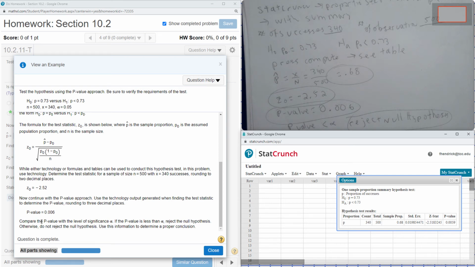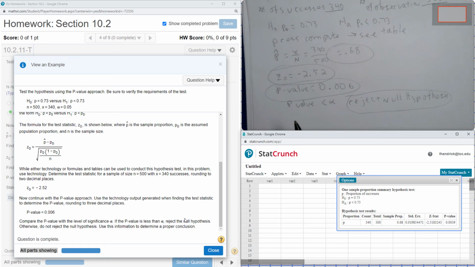And then they ask us to compare the p-value with the level of significance, alpha. So we find that that's given to us in the beginning, 0.05. If the p-value is less than alpha, we reject the null hypothesis.